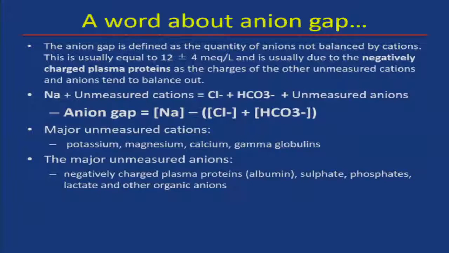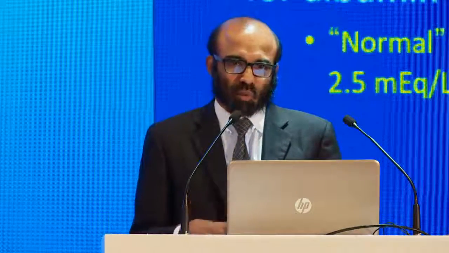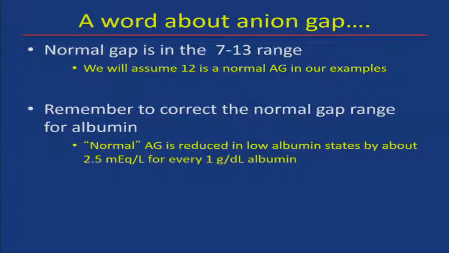Now, another important thing when we understand that is that there is a compensation required to interpret the anion gap if the proteins are low. Because a lot of the anion gap is contributed by these proteins, if the albumin is low, for every 10 grams of albumin below the normal level, you do need to make an allowance for the anion gap of 2.5 milliequivalents.